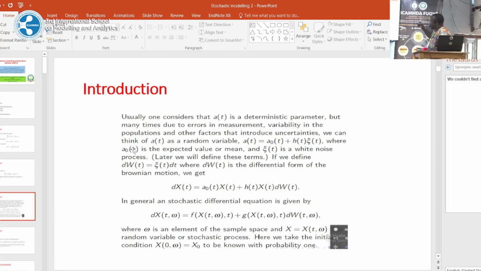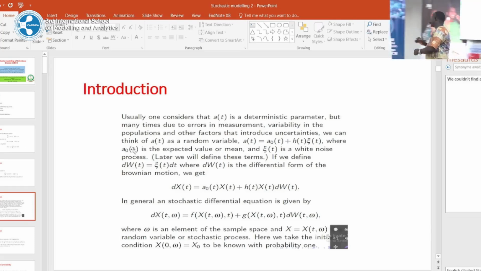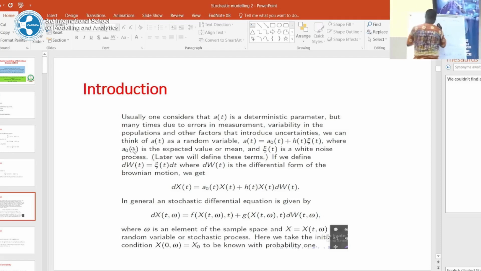But many times, due to errors in measurements, variability in the population, and other factors that introduce uncertainties, we can think of a of t as a random variable. Now, the a of t here: dx over dt equals a of t times x, with x of t naught equals x naught.